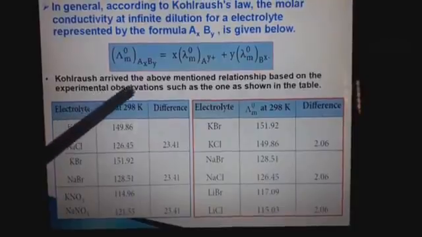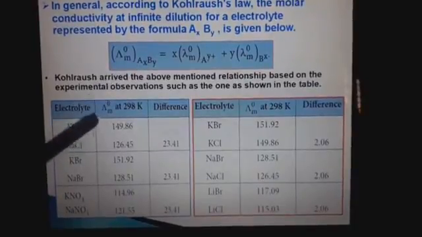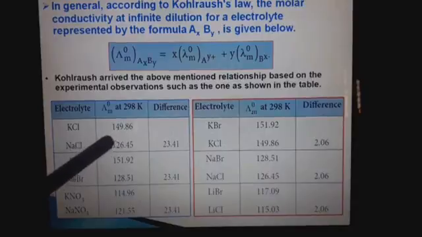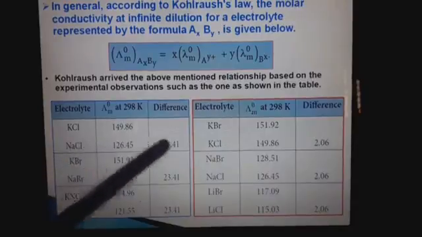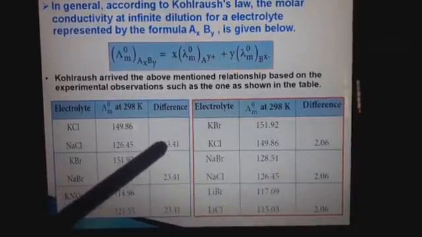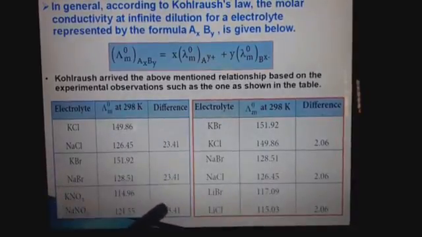Kohlrausch derived the above relationship from the following tabular column, very important: the electrolytes KCl, NaCl, lambda 0 m. He found that the difference is the same value.